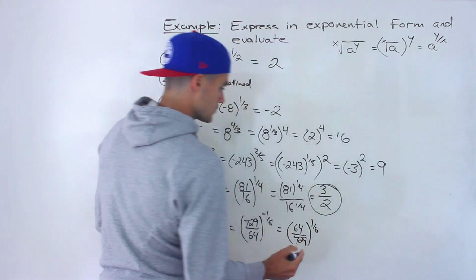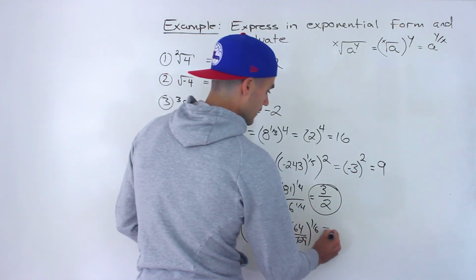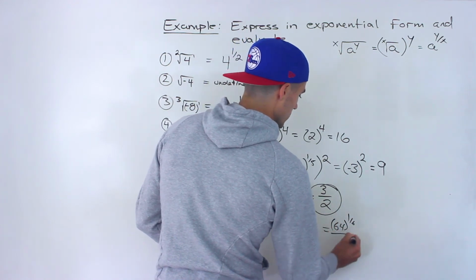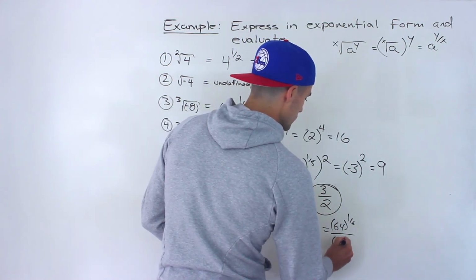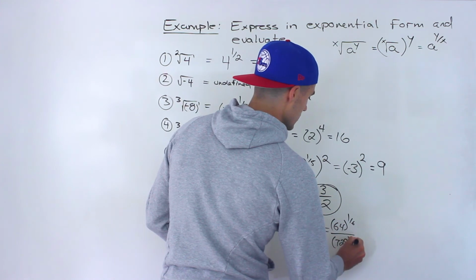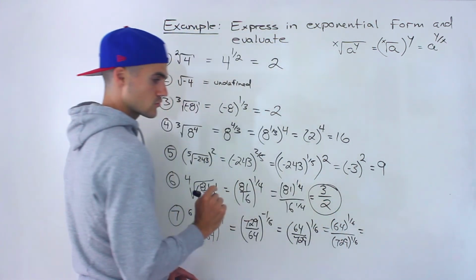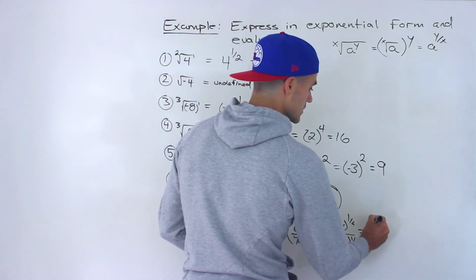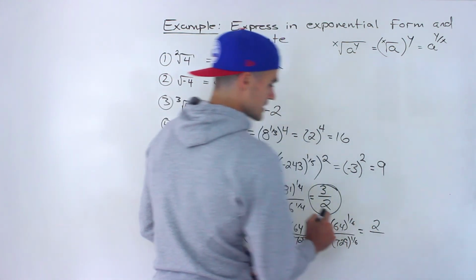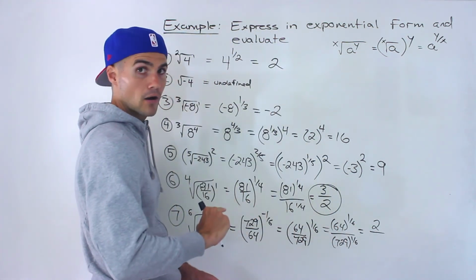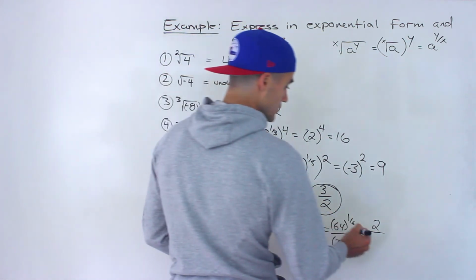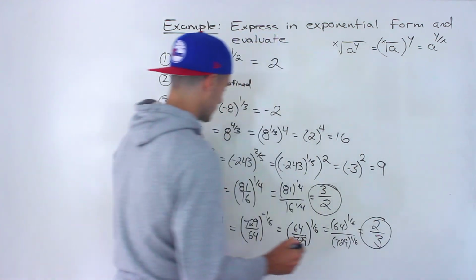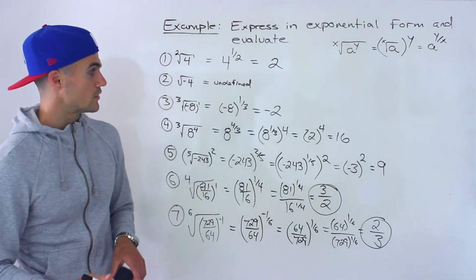That exponent changes to a positive, and then we could distribute it to the numerator and the denominator. Sixth root of 64, or 64 to the power 1 over 6, gives us 2. 729 to the power 1 over 6, or the sixth root of 729, gives us 3. So that ends up being the final answer for number 7.